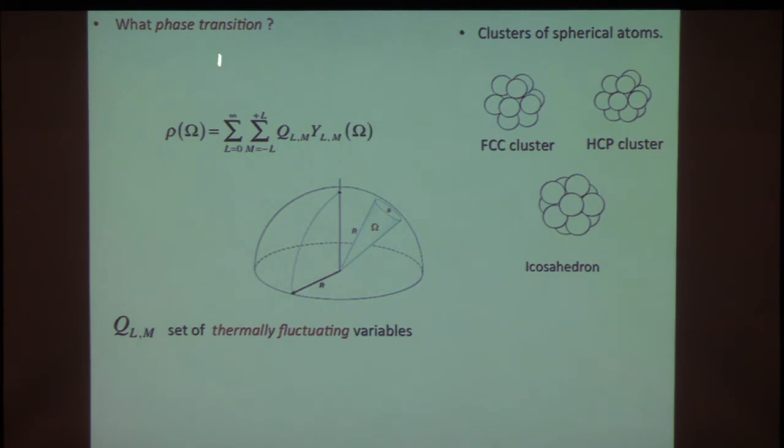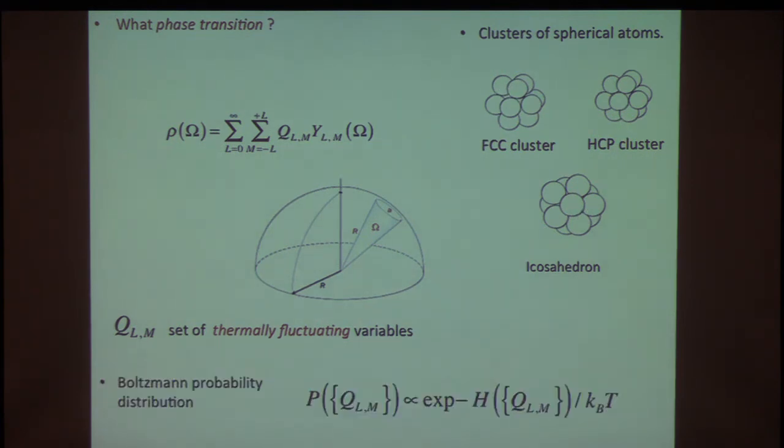Next, I can say these QLMs are now going to become thermally fluctuating variables. I have thermal fluctuation from FCC to HCP to icosahedral. Why not? And I can state that this has to obey the Boltzmann distribution with some energy which depends on the QLM. For a given set of QLM, I will get a given structure.